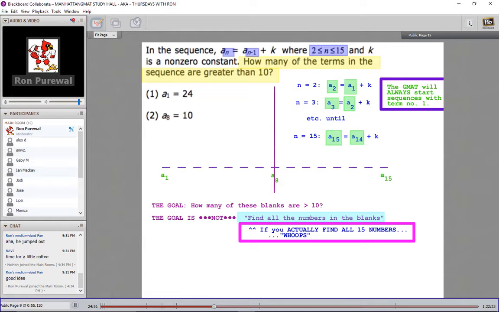Well, if it's statement 1, I mean, remember, if you get 2 different answers to this, that's not sufficient. I mean, one way that you can do this is to let that be 24. What's one way that you could make the sequence for statement 1?